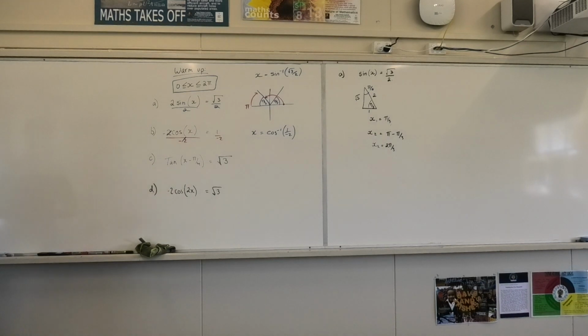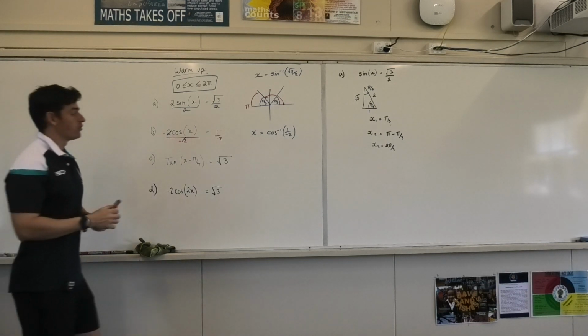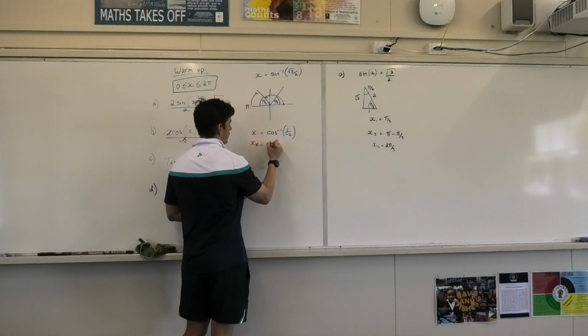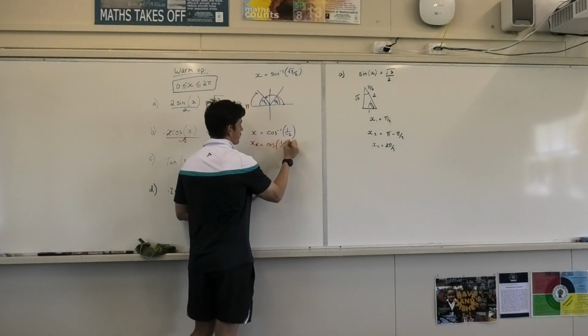Now at this point in time, do I do something a bit different? What do I do here? I don't like dealing with that negative, do I? So I'm just going to introduce a term xk. What does xk stand for? My key angle. And I'm just going to treat it as though it's positive.